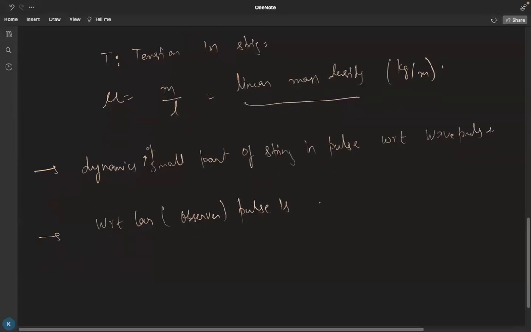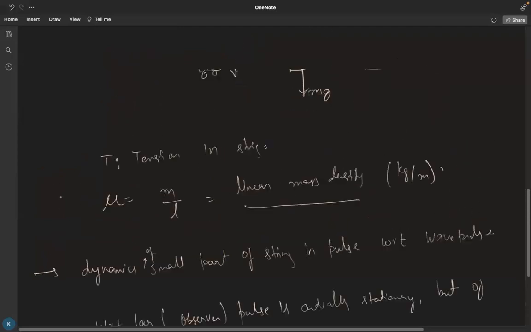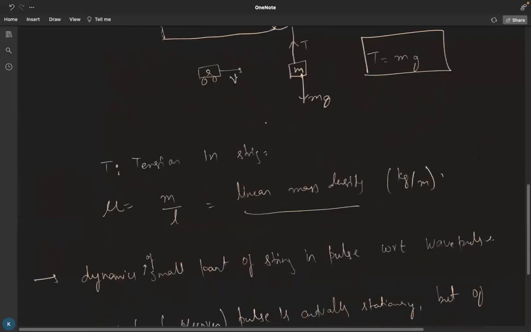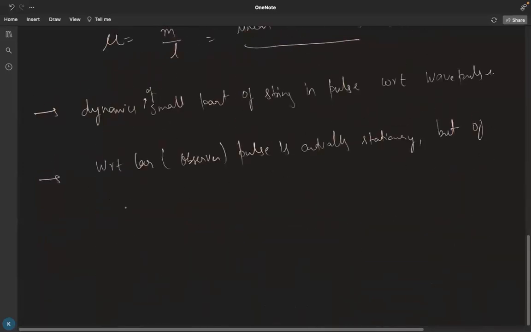Okay, let me write it in a clear way here. So the pulse is stationary, right? But the considered string, which we are considering here, moves in the leftward direction with a speed v.